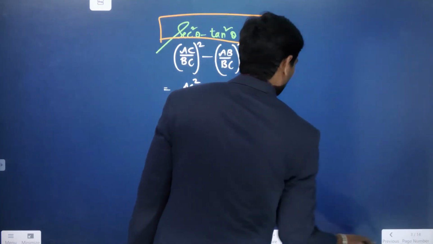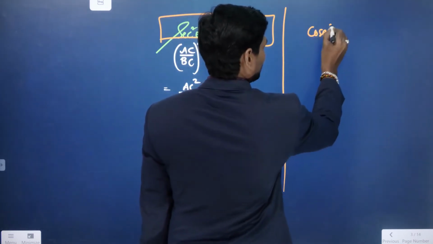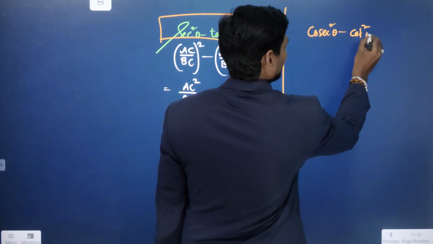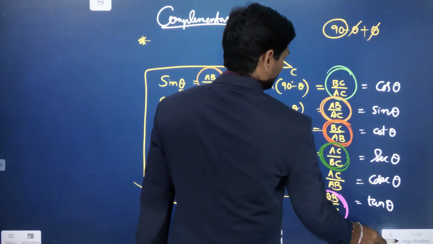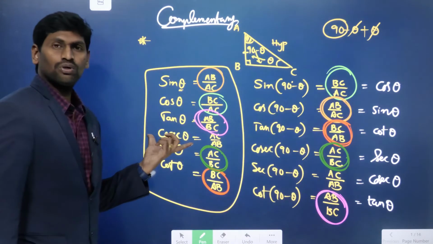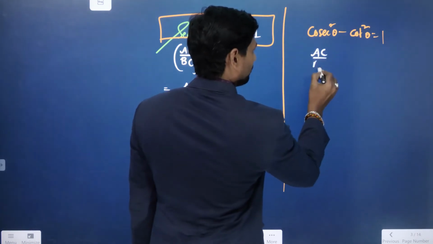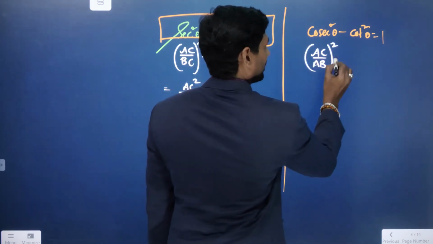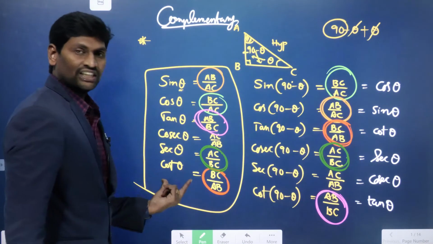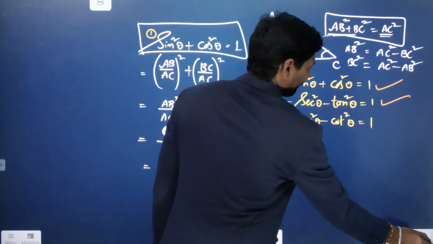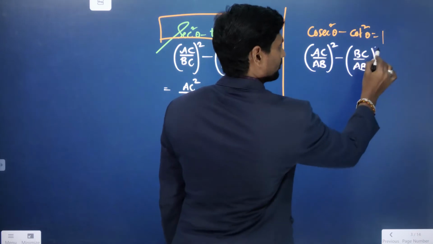Now, is cosecant square theta minus cot square theta equal to 1 or not? Let us check the properties, that means the ratios. Cosecant theta ratio is AC by AB. Cosecant square means AC by AB whole square. Next, cot square theta. Cot theta is nothing but BC by AB, whole square.